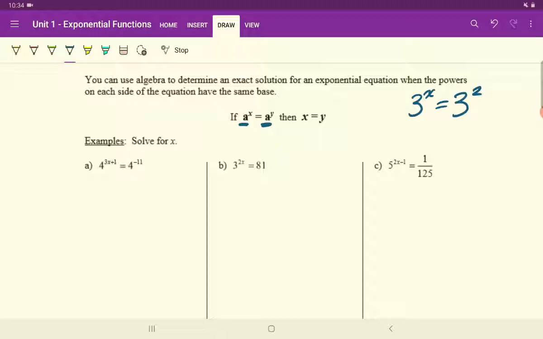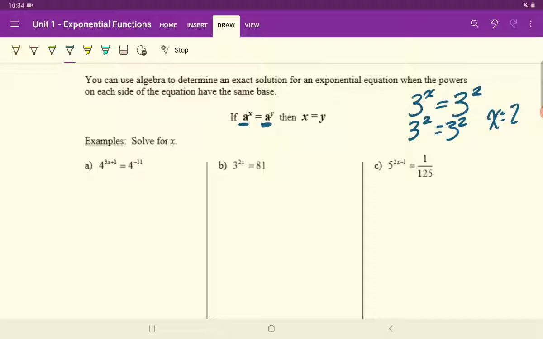Just by looking at that, what do you think x needs to be? Hopefully you've come to the answer of 2. Of course you have to have 3 squared and 3 squared on either side for them to be equal, which means that x must equal 2 in this case.